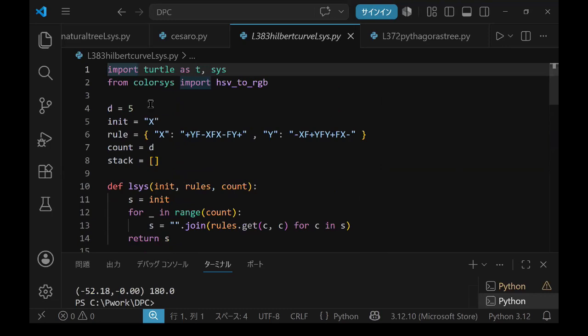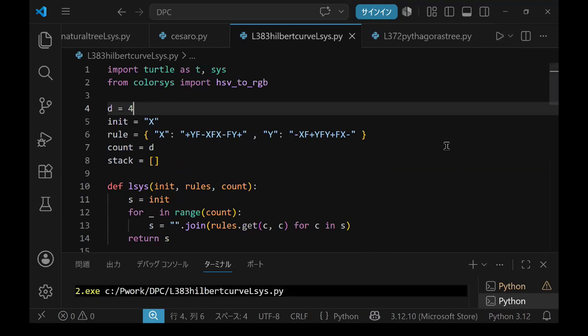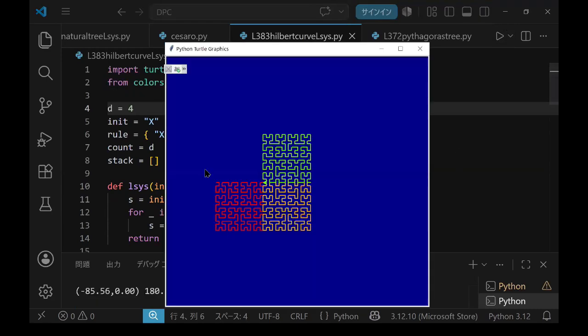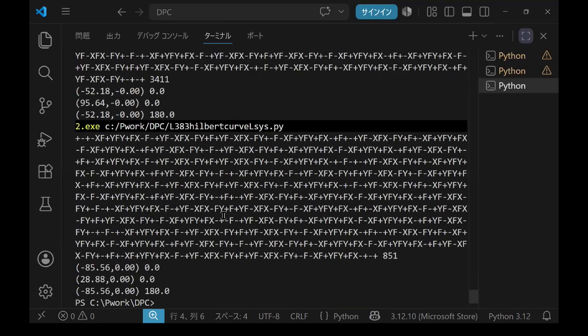Okay, let's define D equals, say, 4. So we have very simple fractals based on these symbol series. In this case, we have 851 symbols of plus, minus, X, Y, and F. Only F will be used to draw lines.